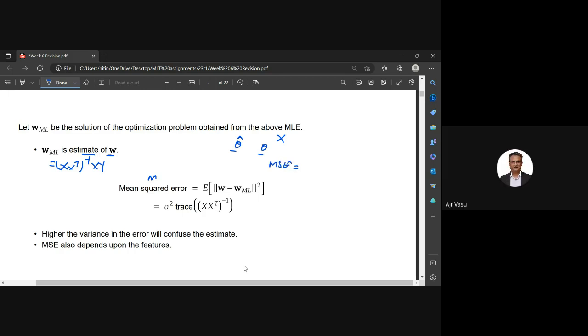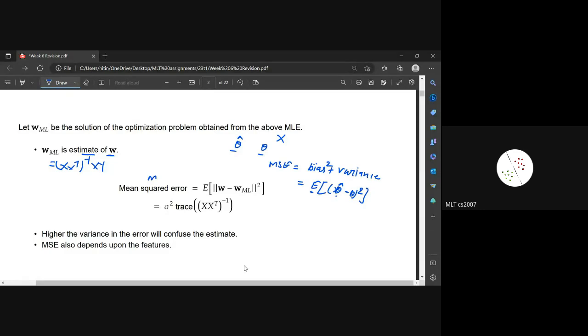Variance plus bias square, or bias square plus variance. Another way you can define it is the expectation of the distance of the estimator from the true value.